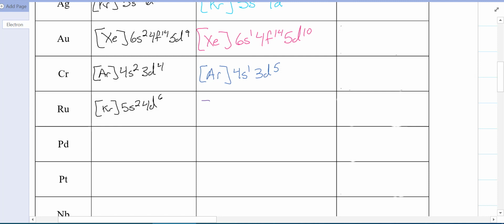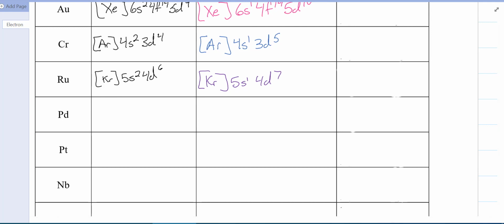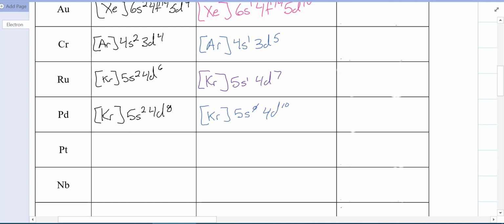So what actually happens with ruthenium? Kind of fun. It's still krypton because that doesn't change, right? It goes 5s1 4d7. Palladium. So palladium, krypton, which is Kr, 5s2 4d8. Well, this one makes a lot of sense because it goes to krypton 5s0 4d10.